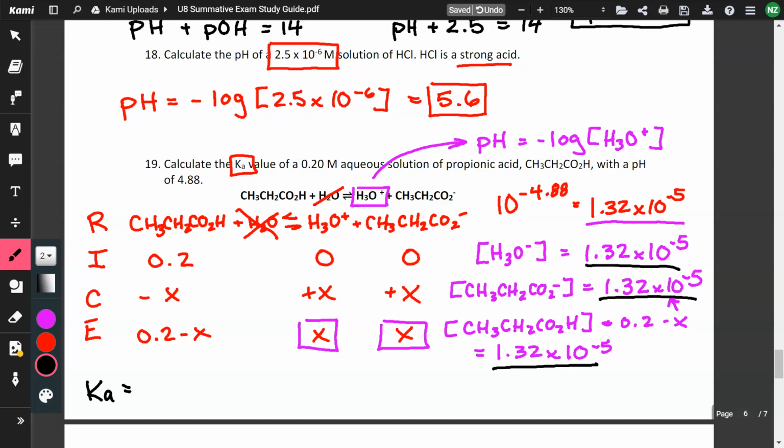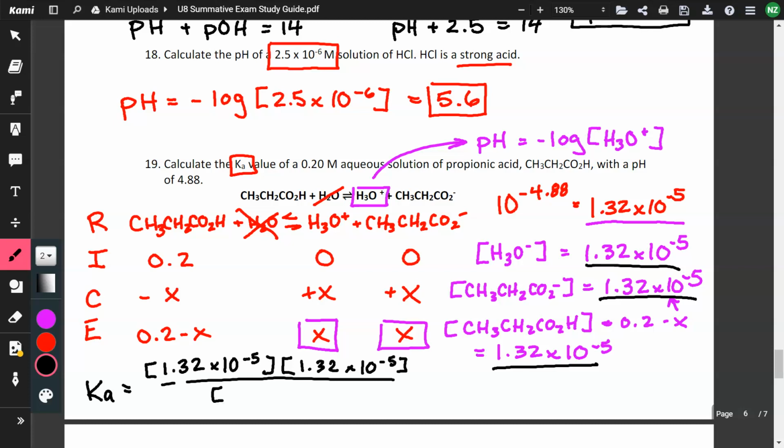The only two products that we have are our H3O plus, whose value was 1.32 times 10 to the minus 5, and CH3CH2CO2 minus, which was also 1.32 times 10 to the minus 5, over our reactant, which was 0.2 minus that.